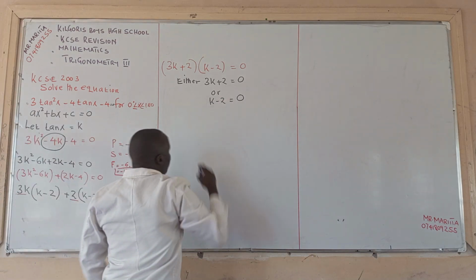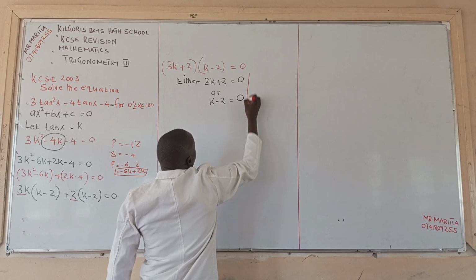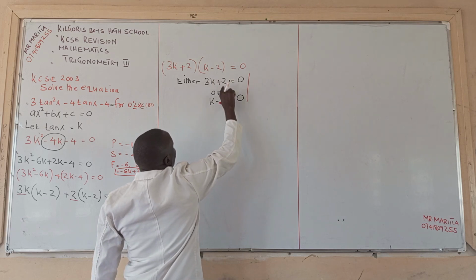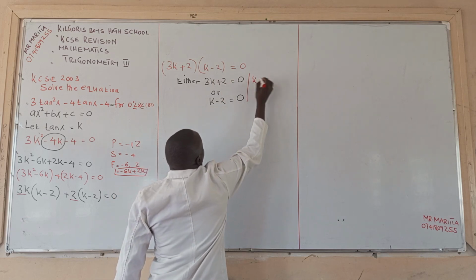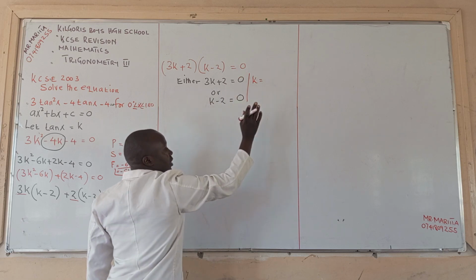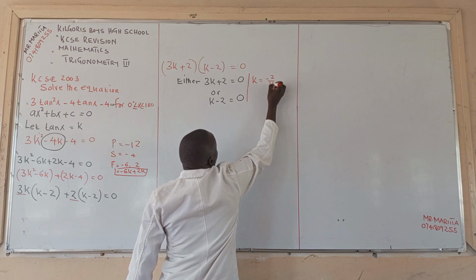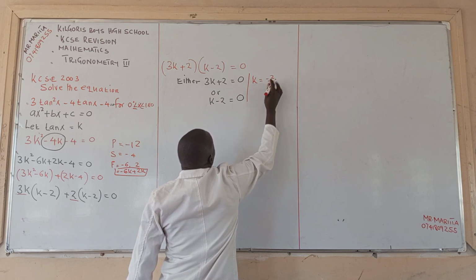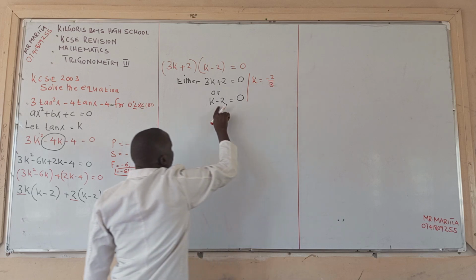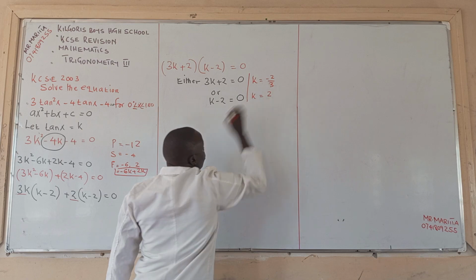From here the value of k is negative 2 over 3, taking the 2 to the other side, and from the other side, k is equivalent to 2.